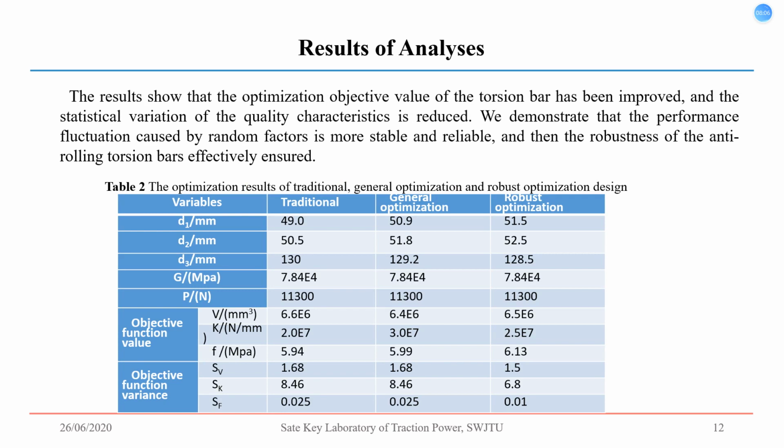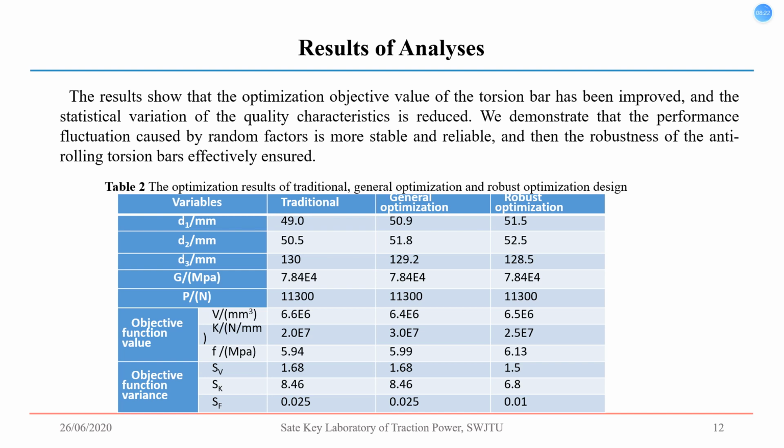Next, we can get the optimization results, and from Table 2, we can get the optimization results of the initial design, general optimization, and robust optimization design.